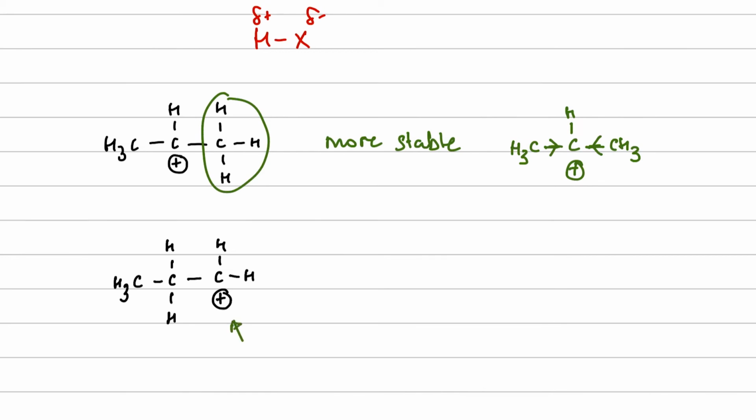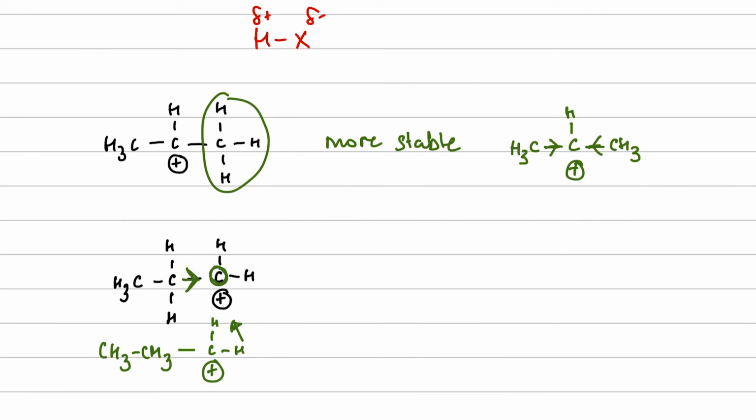When we look at our second theoretical possibility for the carbocation, this carbon here is only going to be stabilised by one alkyl group. This is essentially CH3CH2. It's an ethyl group bonded to the carbon, and then the carbon's got two hydrogens.